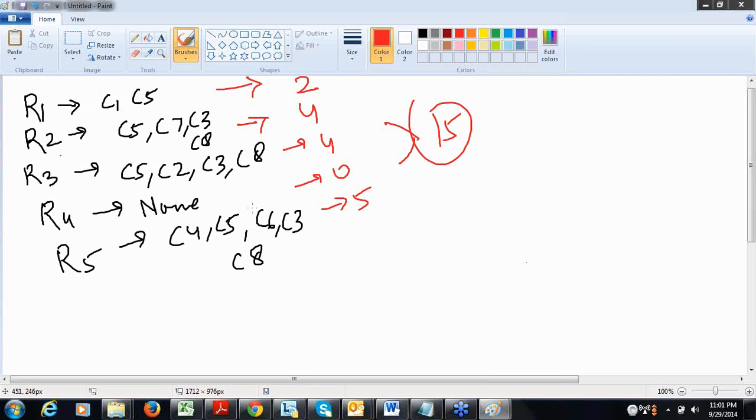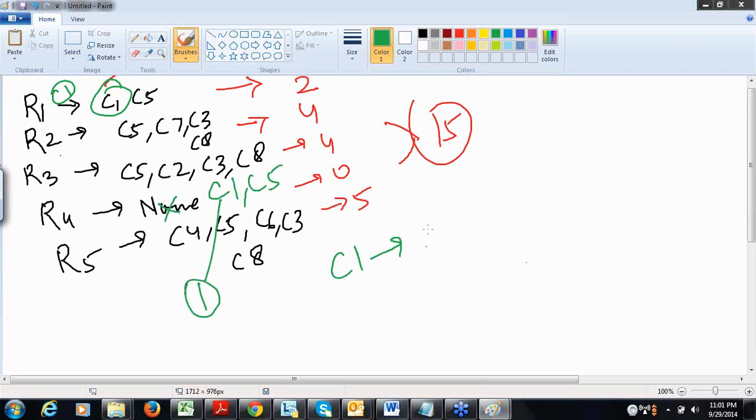R4, none of them sold. If suppose in R4 C1 sold, C1 sold here. So one region is here. Here it was none. But here suppose C1 and C5 were again there. It was not none. So this is also 1. So C1 can at most sell in 2 regions.